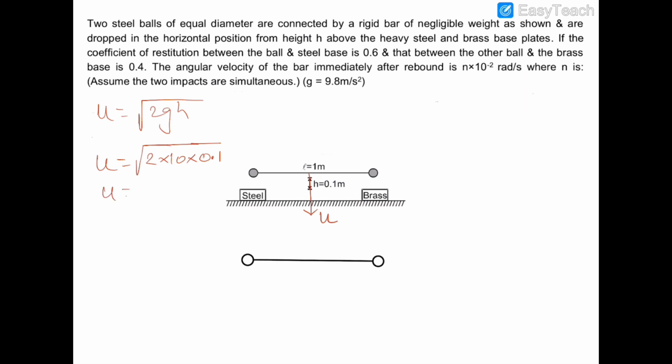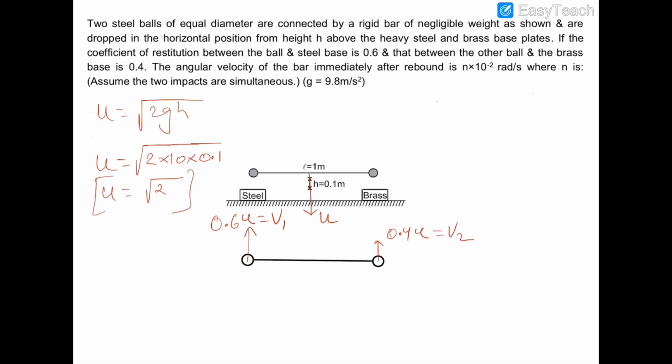So u is root 2. Now when these balls bounce back, the velocity of the ball which bounces from the steel base will be 0.6 of u. Let's suppose it is v1, and the velocity of the other ball will be 0.4 of u, and let's suppose it is v2.